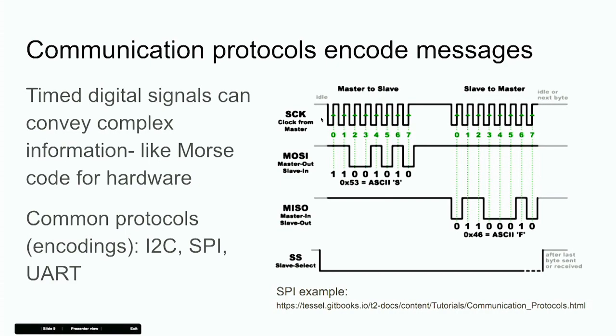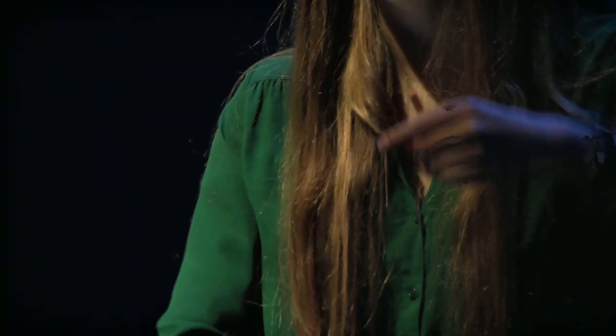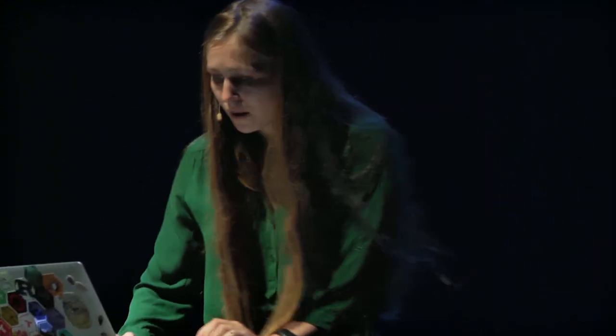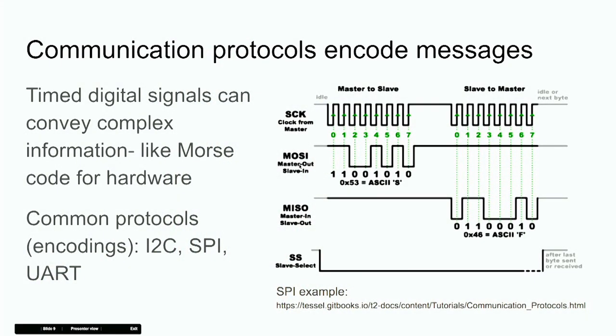It's got 4 different wires, clock, one that talks from the master device to the slave device. I apologize for the terminology, it's ingrained in here. It means that this device has complete control and this device has no control. And so we've got one where the master device talks to the slave, and one where the slave device responds to the master, and this other line, which I won't go into right now.